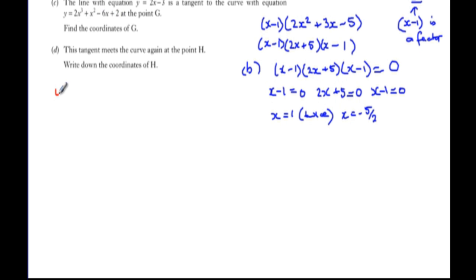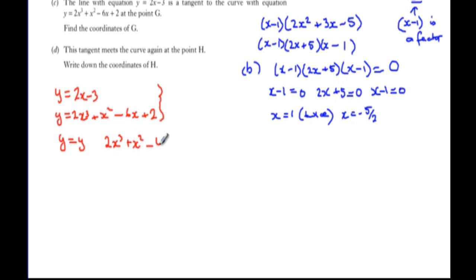Now this means that if we take the two equations and solve them simultaneously and we use y equals y, we get 2x cubed plus x squared minus 6x plus 2 is equal to 2x minus 3.